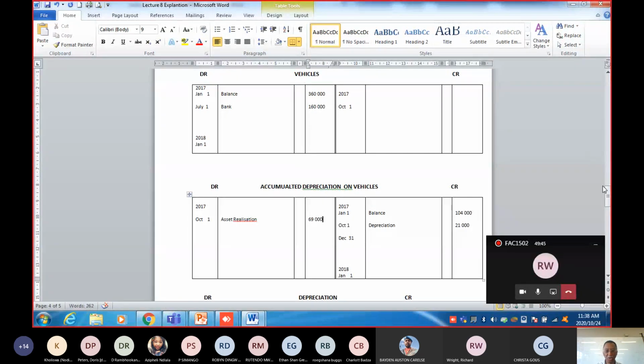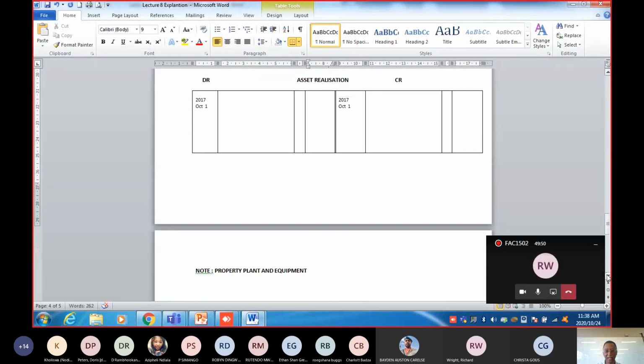You will now go to your asset realization account, and on the credit side, you will have an entry called accumulated depreciation, and the amount is 69,000.